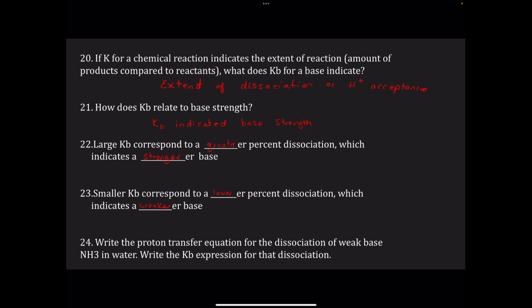We've seen very commonly the example of ammonia. That was the first place we saw our double arrows in this chapter. So we can write our dissociation or proton transfer equation. We put ammonia in water. The ammonia is a base, so it's taking a hydrogen from the water, forming NH4 plus and hydroxide.